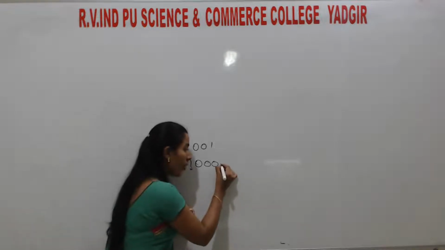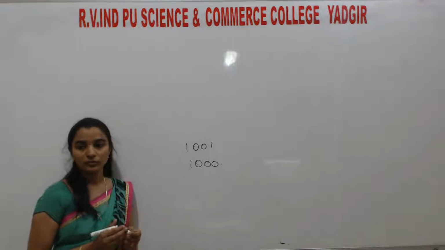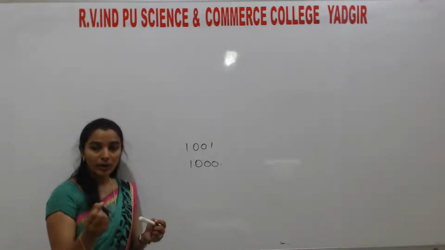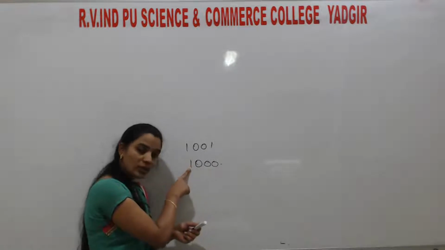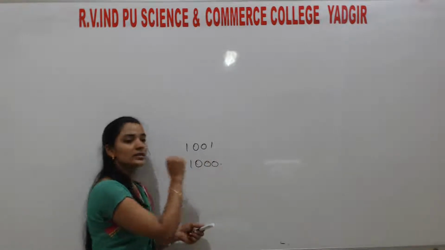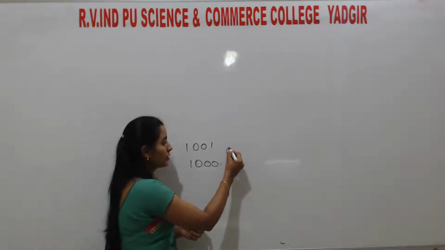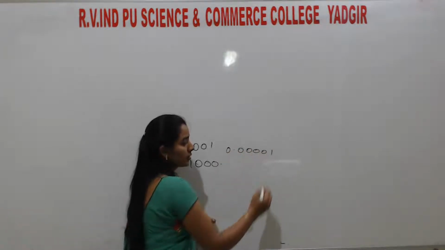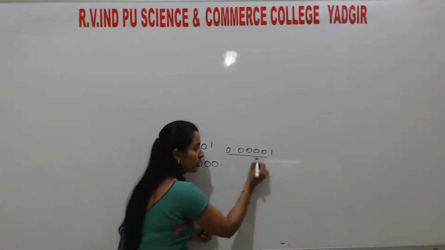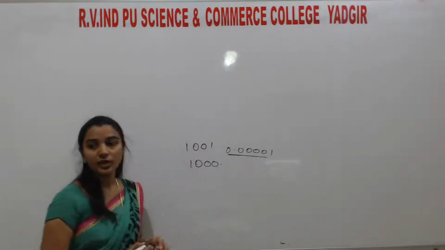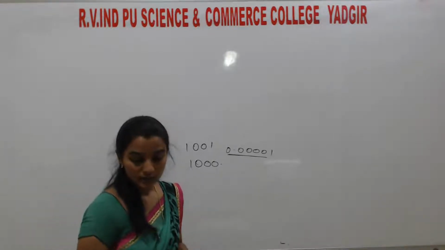The zeros after the non-zero digit before the decimal point are significant. If 0.00001 is there, the significant figure is only 1 because these zeros represent the position of the decimal point. So these are all significant figures.